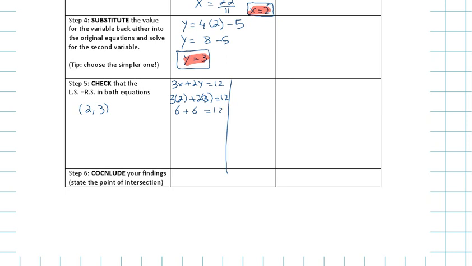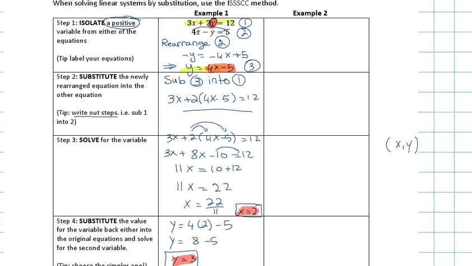So that means left side equals right side. Okay? So this, 3x plus 2y equals 12, is equation number 1.